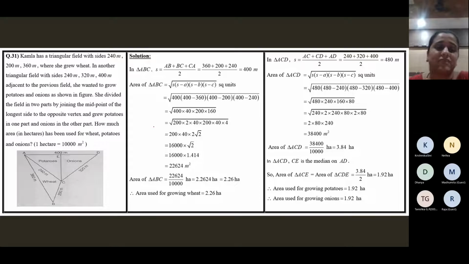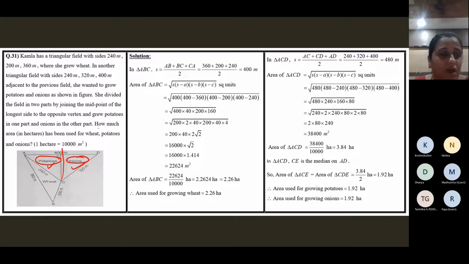All right. So these two triangles are equal in area. So the area in which she grows potatoes is equal to the area in which she grows onions. That's because of the property of the median.